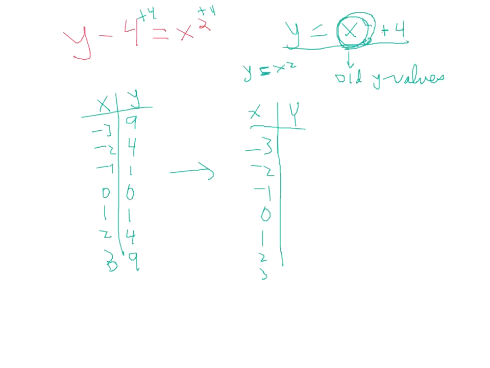But here, to get this new relationship, as I said earlier, we have to take our old y values, the x squared values, and then add 4 to them. So this is actually going to be 13 for the 9. 9 plus 4 is 13. 4 plus 4 is 8. 1 plus 4 is 5. And 0 plus 4 is 4. And so this is my new table of values.